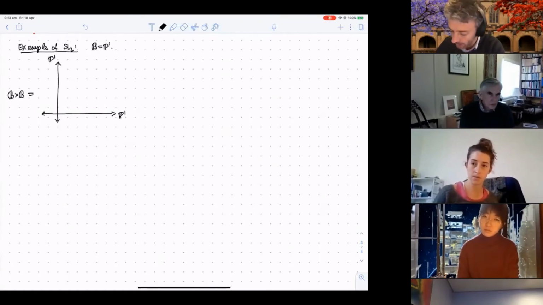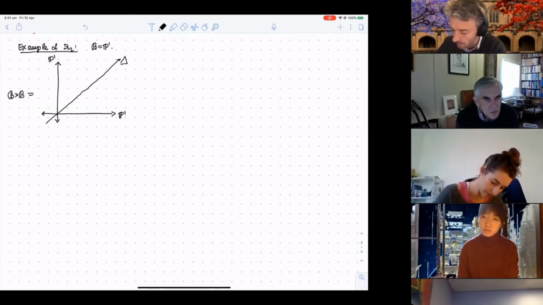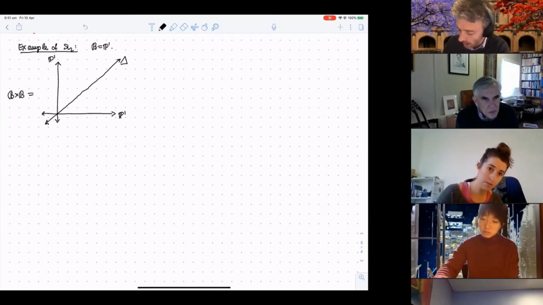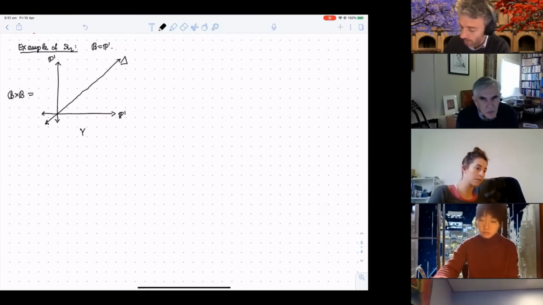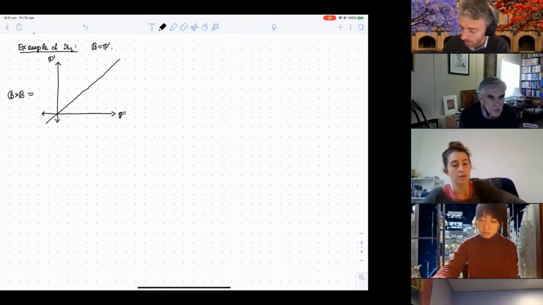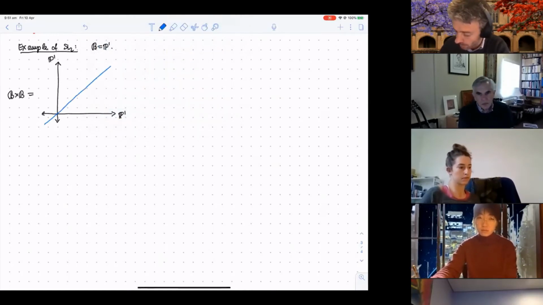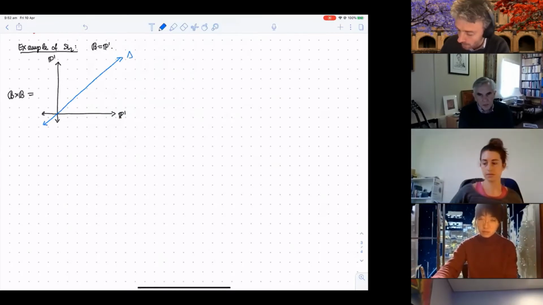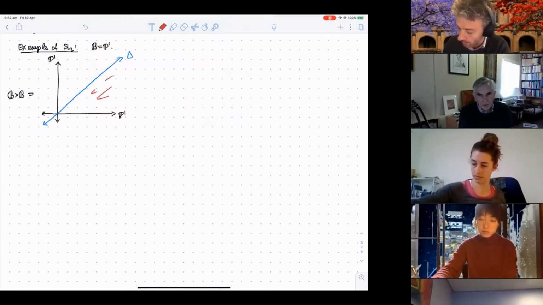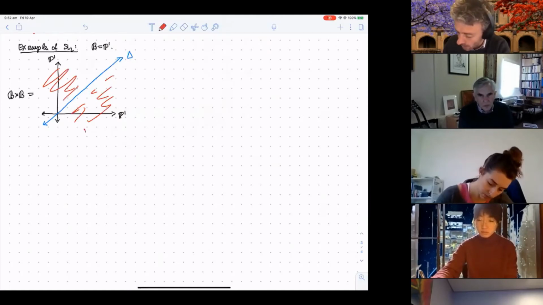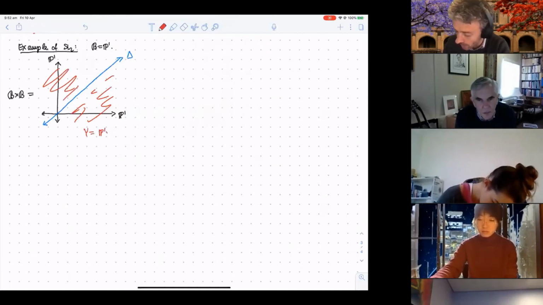So inside here we have the diagonal, and then we have Y, which is P1 times P1 without this diagonal.